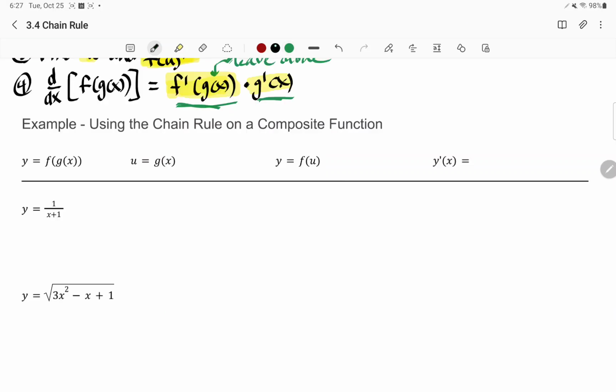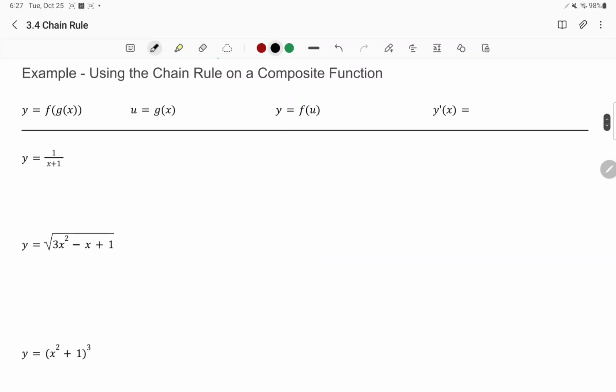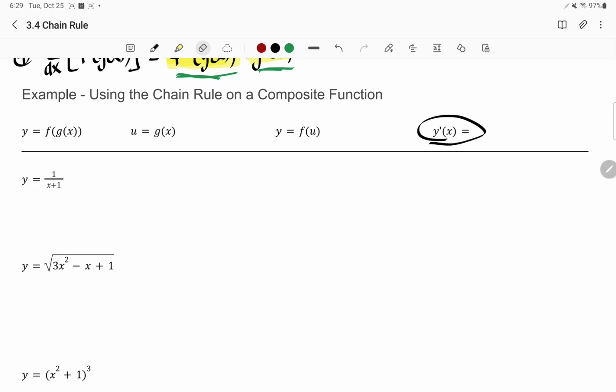With these examples, we're going to identify the inside, identify the outside, then find those derivatives, and then find the derivative of our function overall. For the first one, this is not necessarily a composite function.